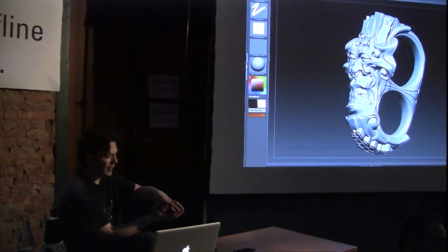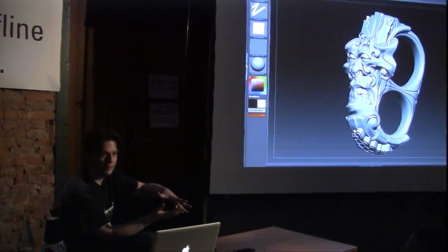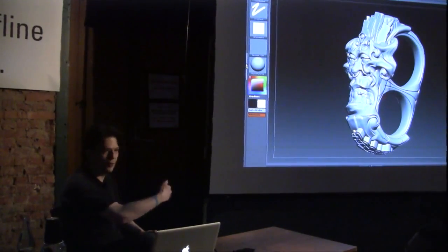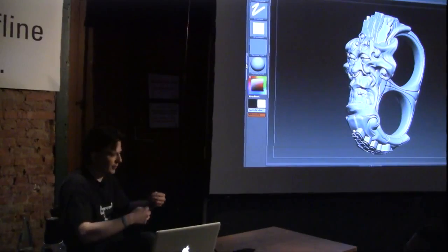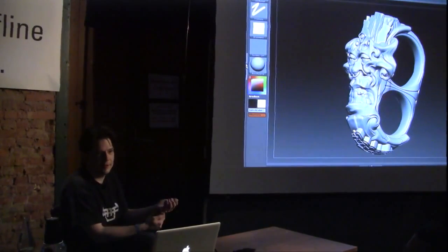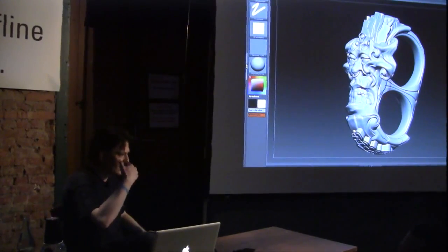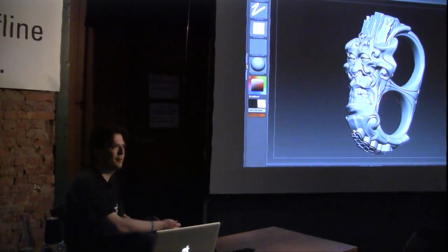You have to make the hands bigger to make it look right, and you have to exaggerate the features. For example, the eyes. You have to overpaint them to make them look right.